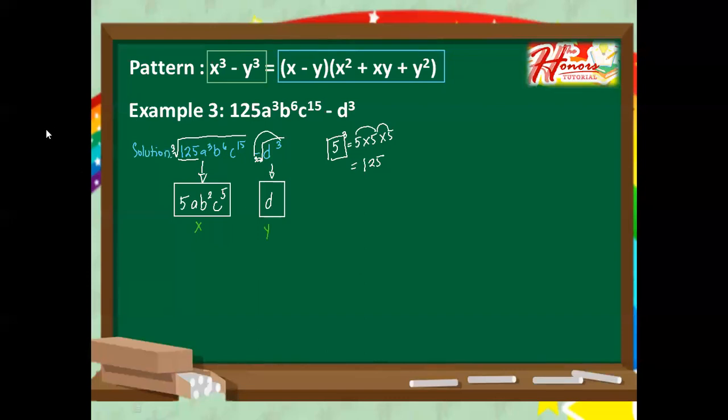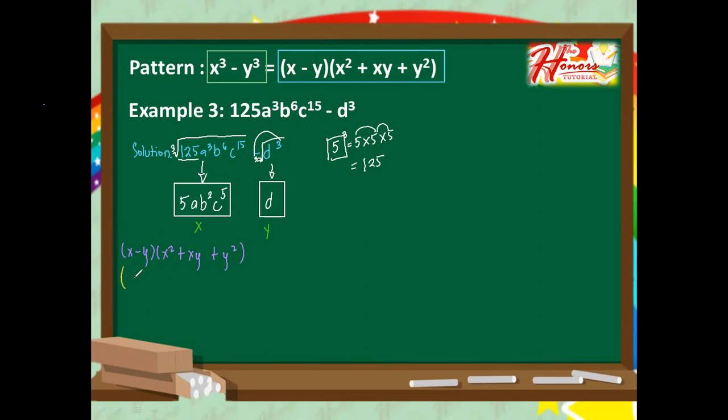Now, let me just rewrite the pattern here for us to substitute later. So the pattern is the quantity of x minus y times the quantity of x squared plus xy plus y squared. And then let's substitute the values that we have here.